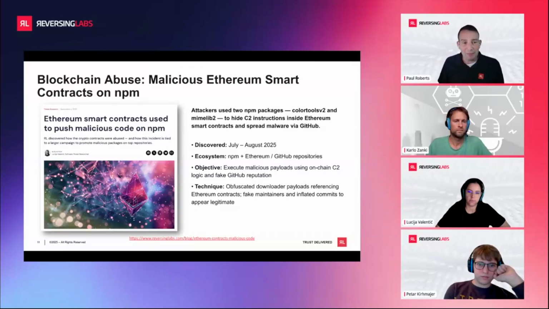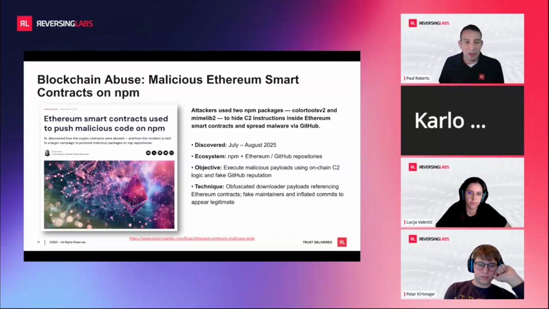Moving on, Lucija, you wrote a research post that ended up being one of, I think, our most highly trafficked blog posts ever. This got a huge amount of attention, including within the cryptocurrency community.